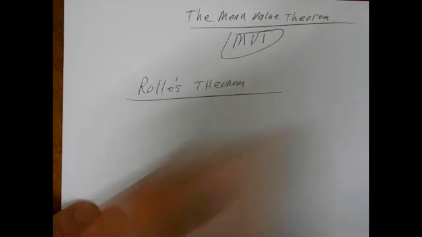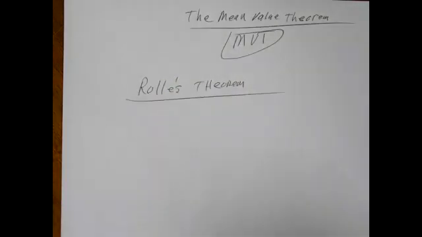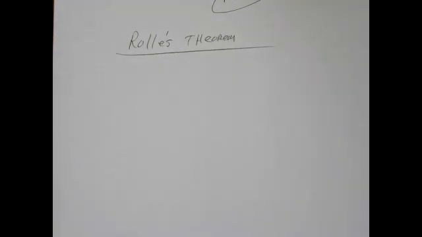Now, both of these theorems, both Rolle's and the mean value theorem, have conditions that come with them, conditions that have to be met before the theorem is valid, which is the case for most any theorem. There are conditions that have to be satisfied before the theorem can be applied.